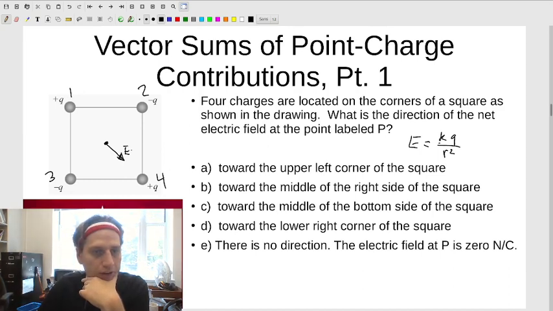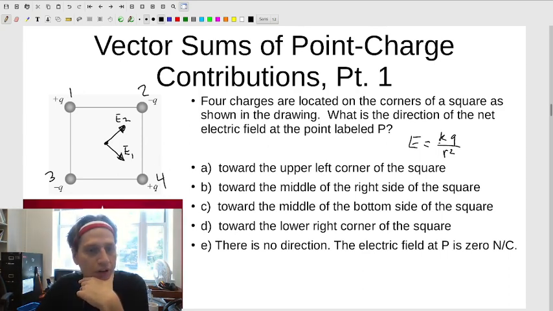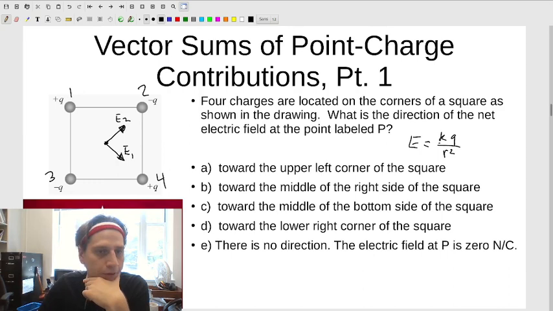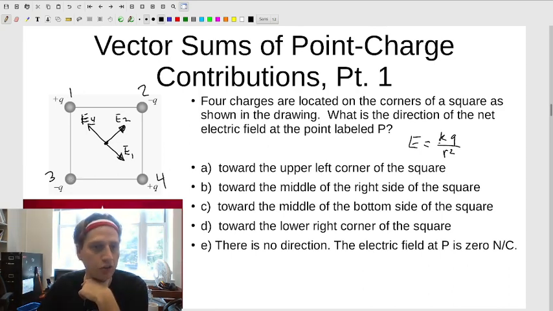So there's my electric field contribution from 1. My contribution from 2 is going to be pointing in towards 2 because it's minus. My contribution from 4 is going to be pointing away from 4. And my contribution from 3 is going to be pointing toward 3.